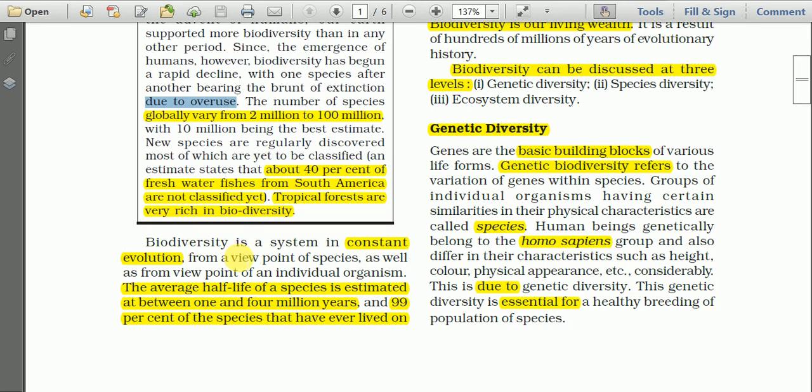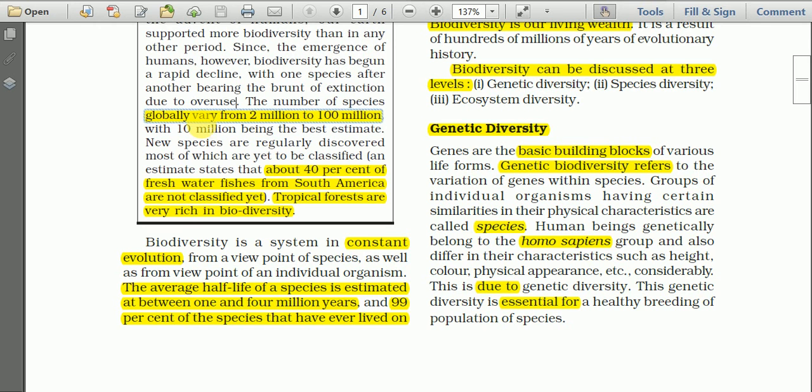The number of species globally varies from 2 million to 100 million, with 10 million being the best estimate. And new species are regularly discovered, most of which are yet to be classified. That means human beings are not able to identify all the species found on the Earth's surface.